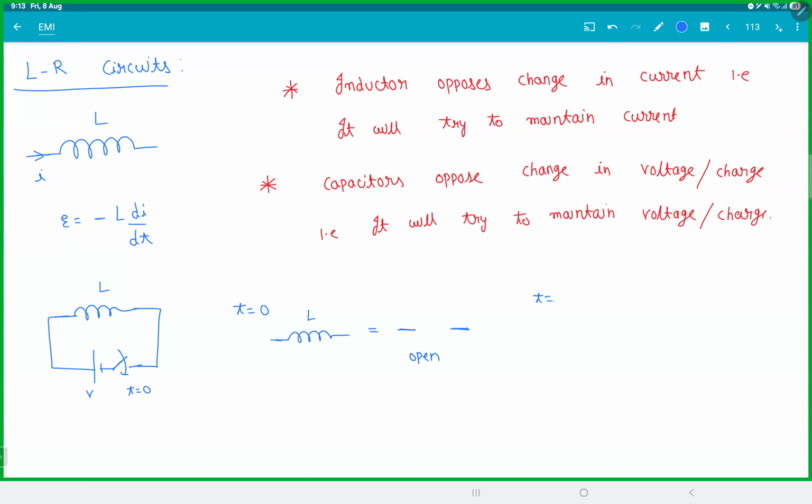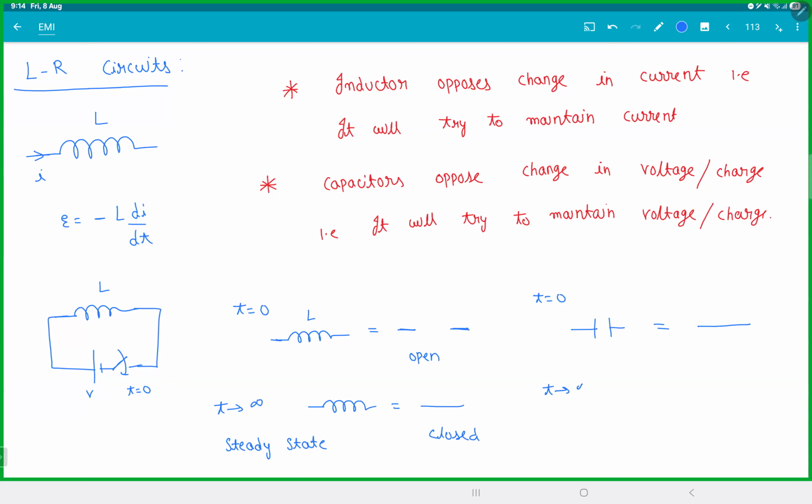If you remember, a capacitor does the reverse. A capacitor at T0 will behave like a wire, since there's nothing to oppose, charge will just pass through it. At T infinity, which is your steady state, the current will become constant and the inductor is okay with that. It will behave like a wire.